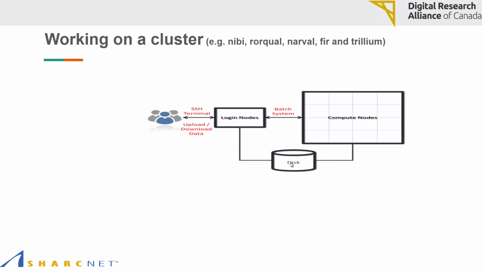So this picture illustrates working on a cluster. For example, on the most left side here are users on their local computer, and the rest is the remote cluster, or you can call it a supercomputer, which consists of some login nodes and many compute nodes, and the disk for storage that is mounted on login nodes and compute nodes, which provides a cluster with a consistent file system access on all nodes.